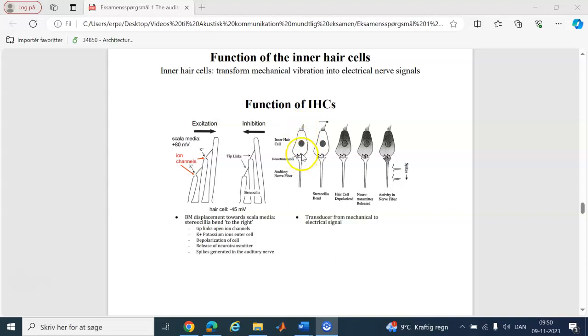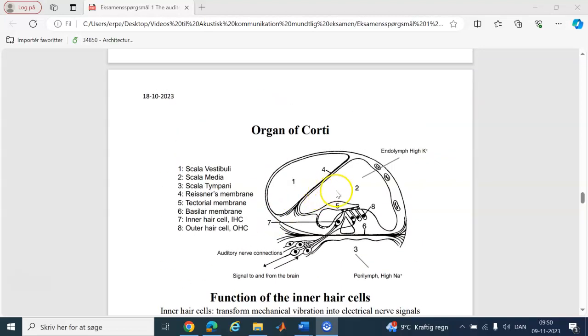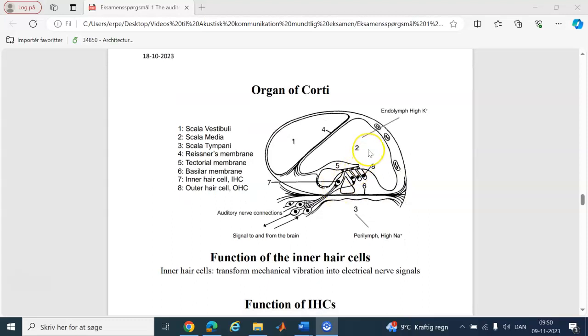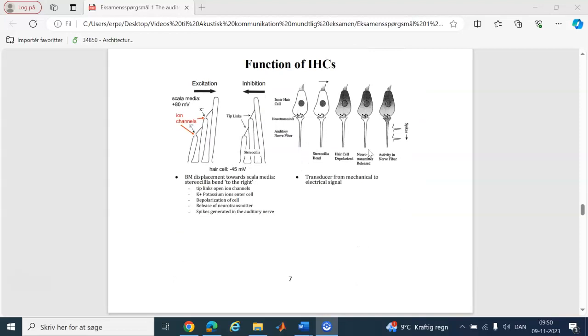The neurotransmitters are, you can say, small electrochemical substances. So the basilar membrane is displaced towards scala media. Scala media is here. If the stereocilia bend to the right, potassium enters the cells.